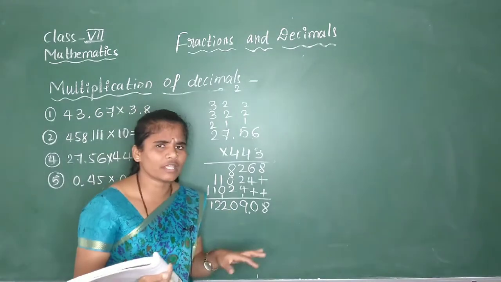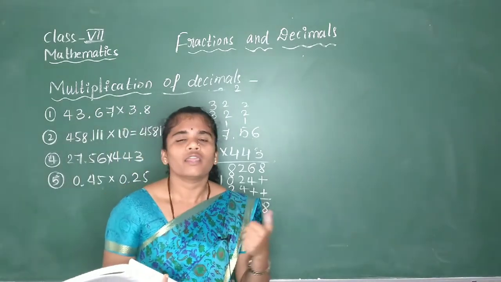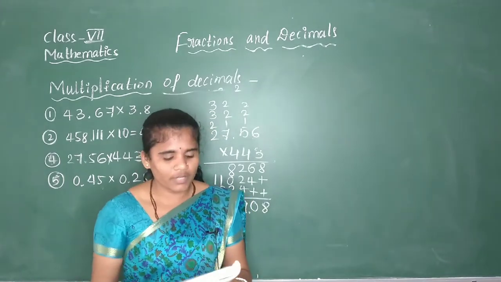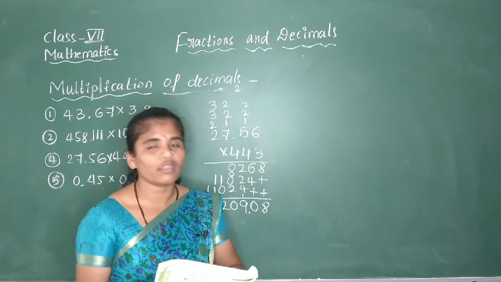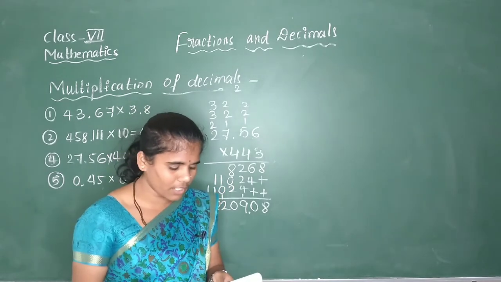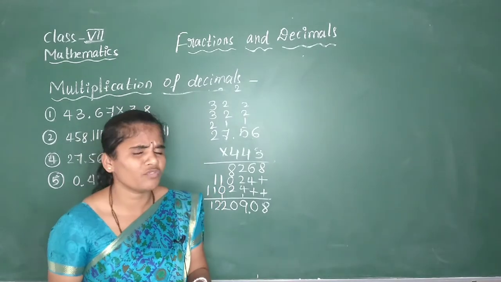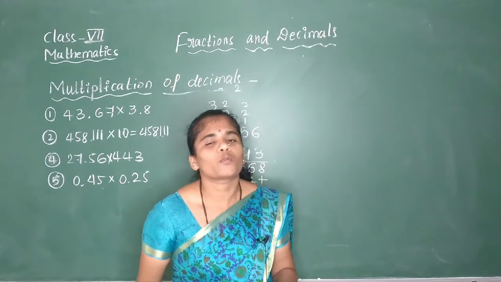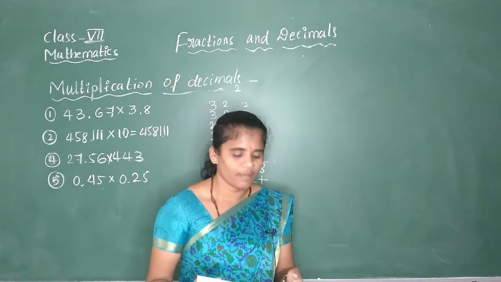You will get how you have to solve the first one and the second one. Try to solve the second one, and the third one is also very easy to multiply, and the fourth one, find the products. Product is nothing but the multiplication.